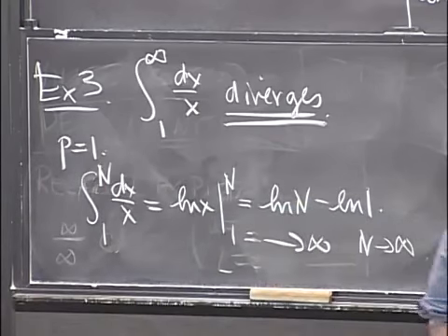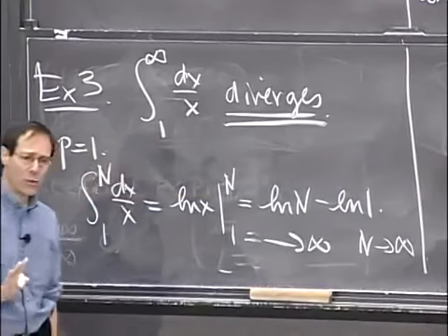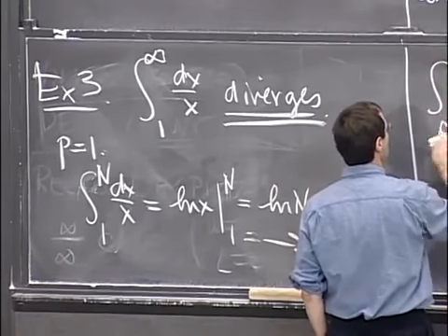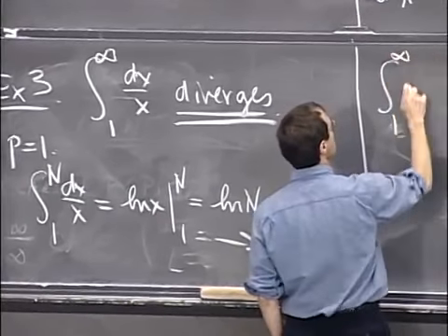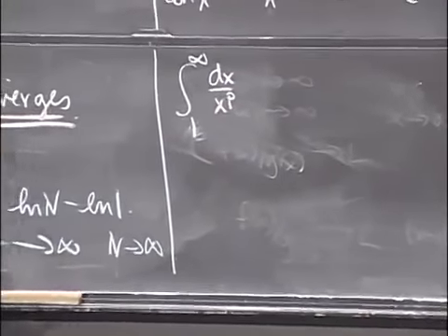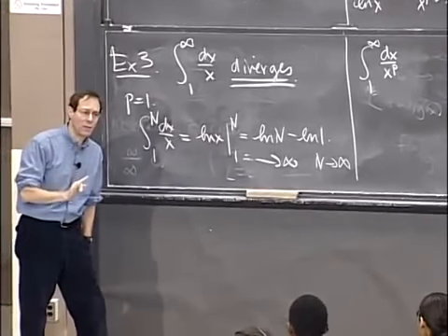Now, I'm going to do this systematically with all powers p to see what happens. I'll look at the integral, I'm going to have to start at 1 here, from 1 to infinity dx over x to the pth power, and see what happens with these. And you'll see that p equals 1 is a borderline when I do this calculation.